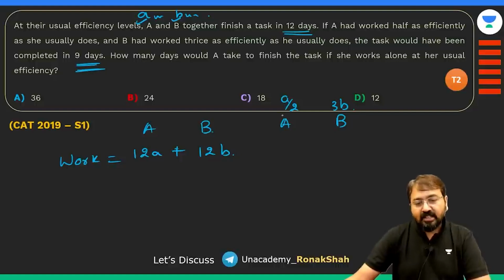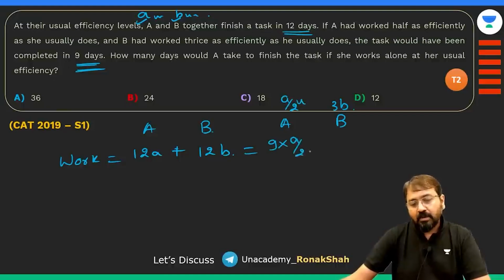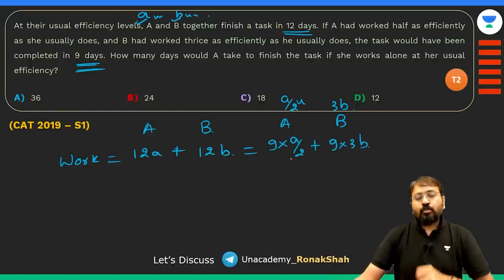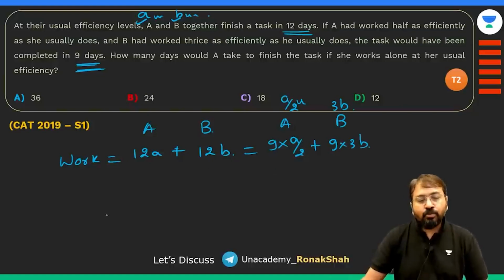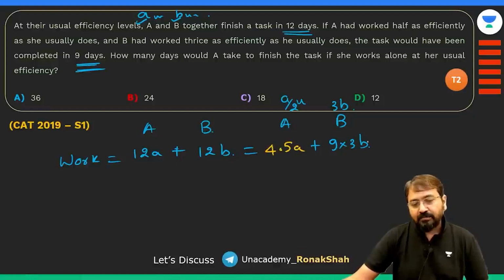So can I say the total work done by them is 9 into a by 2 units plus 9 into 3b units? If I want to simplify, can I say 9 into a by 2? Let me use a different color. So 9 into a by 2 is nothing but 4.5a units plus 27b units.